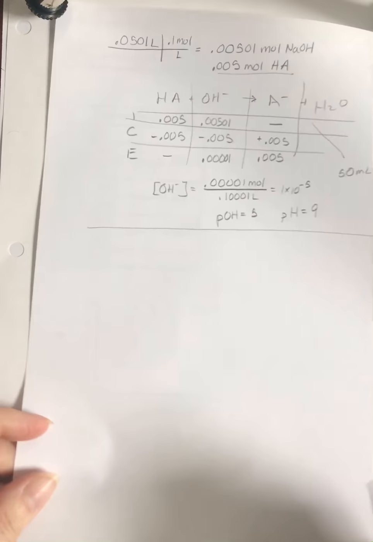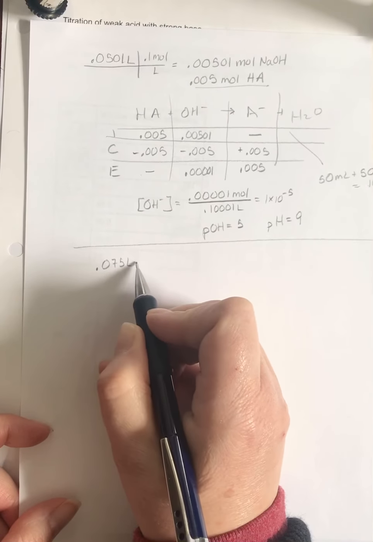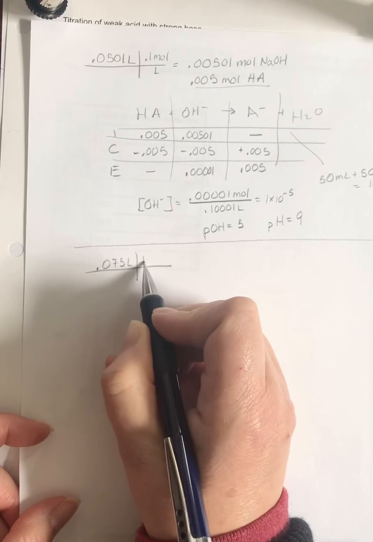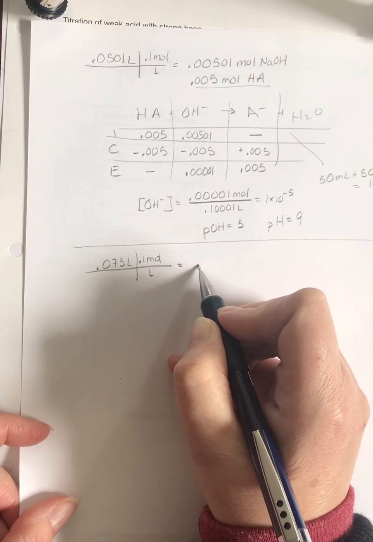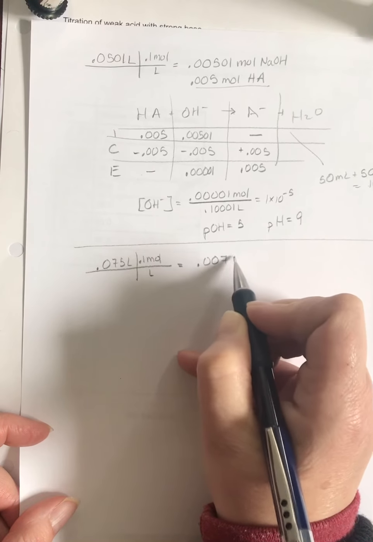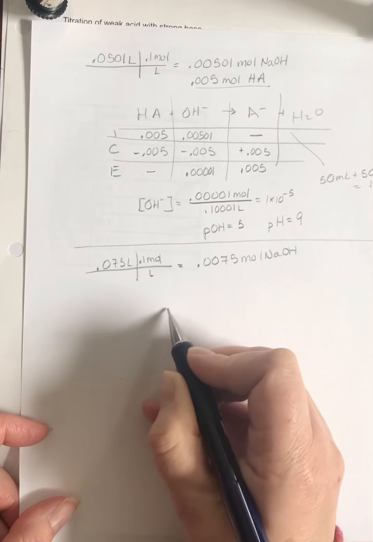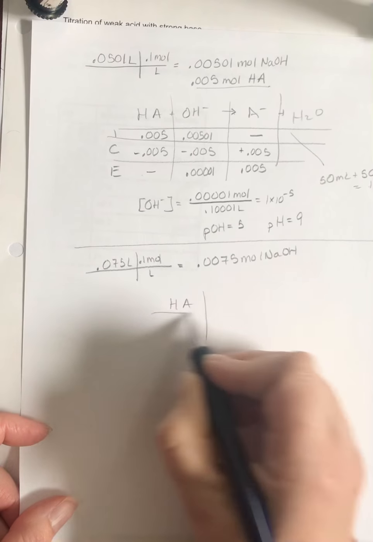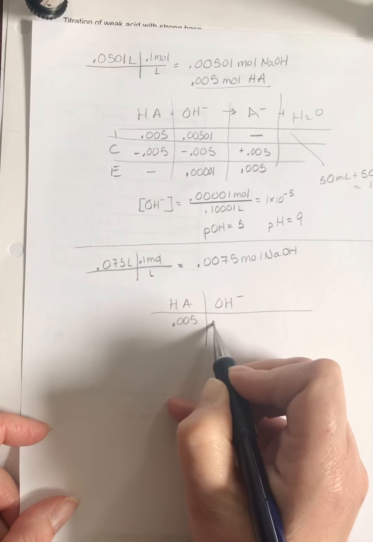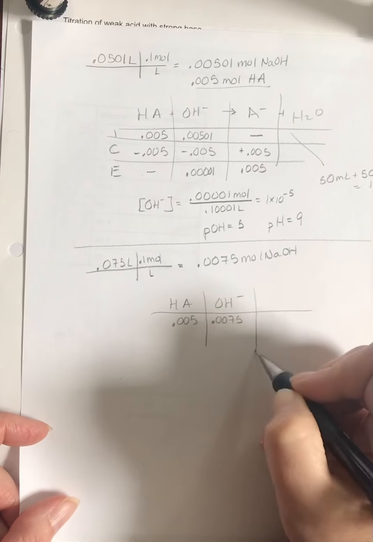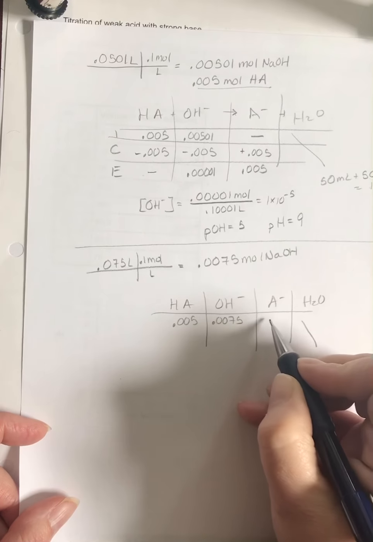And then the last part of the problem is where I have 75 milliliters of the base being added. And so I'm going to go to liters, moles per liter, and get 0.0075 moles of NaOH. Remember that I had 0.005 to start with for the acid. Here's my A minus and H2O. We're not regarding that.